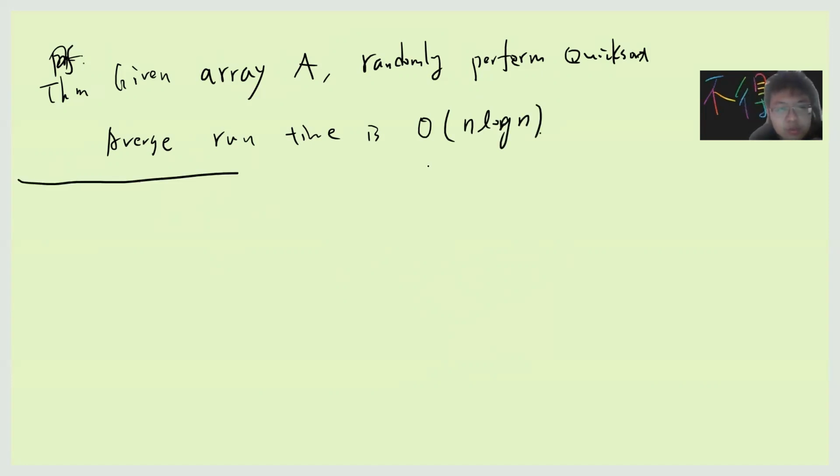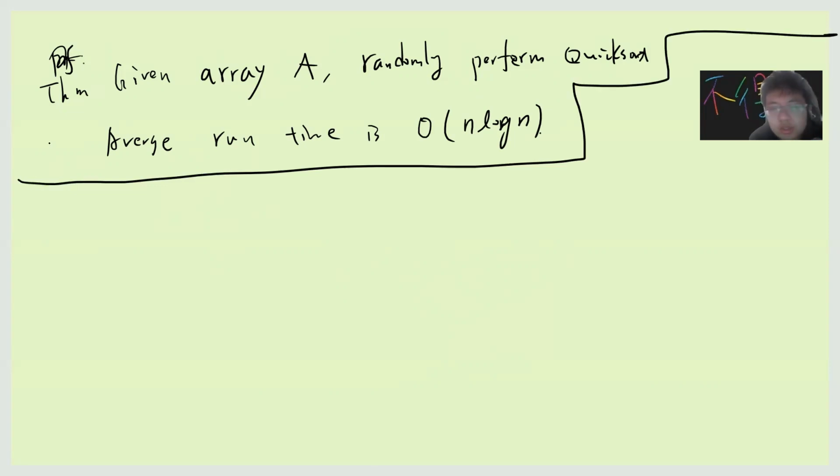So let me make it very rigorous. You first choose one pivot, then you partition into two, then you choose the next pivot and partition both the left-hand and right-hand sides, and you choose pivots again. The running time that we want to compute is the expectation value over the pivot sequence.